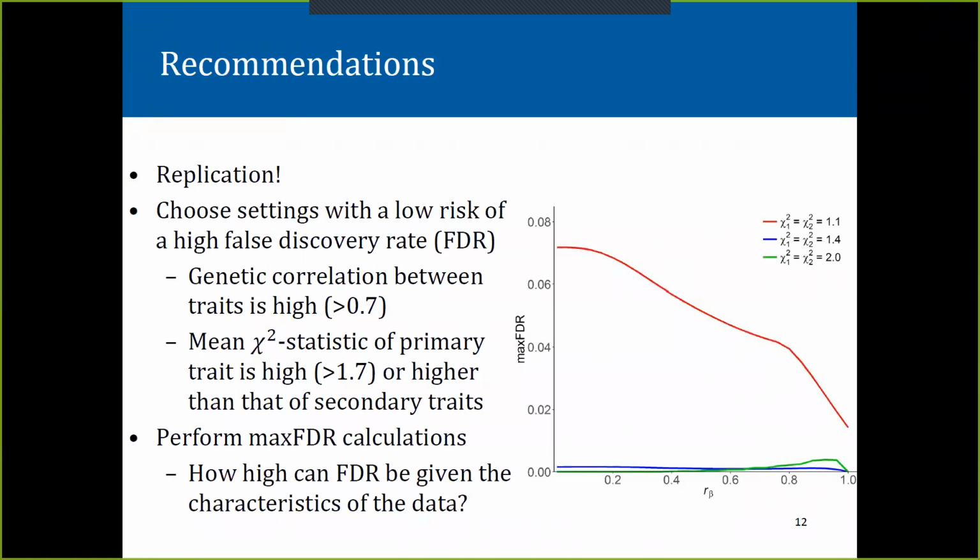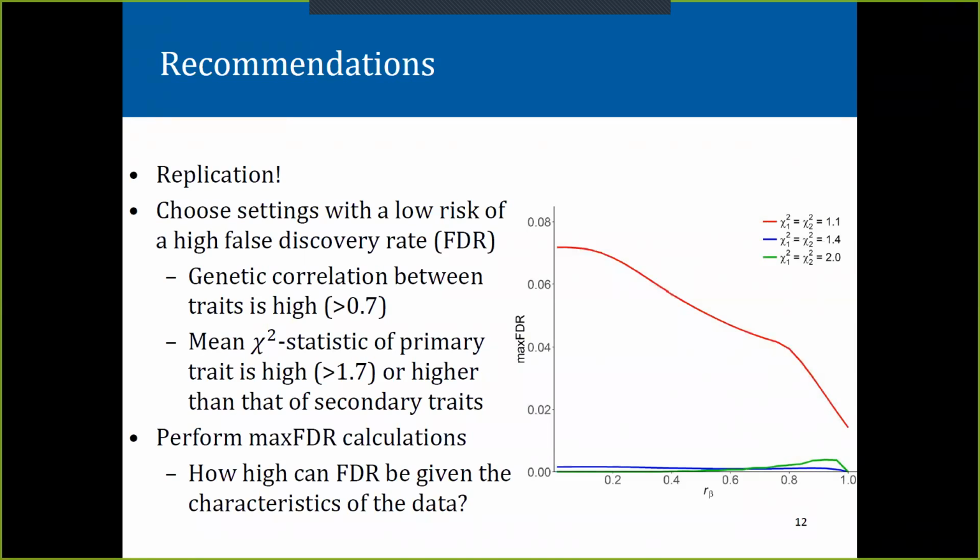Just based on some simulation work that we've done, it seems that you're relatively safe as long as your genetic correlation is greater than 0.7. So that's generally a good starting point to think about whether your application is a good test case for MTAG.